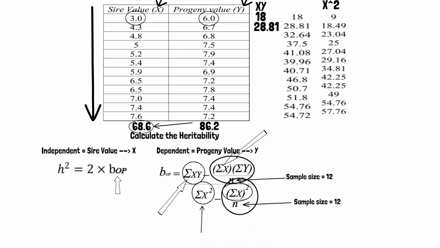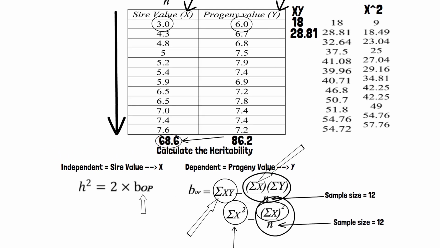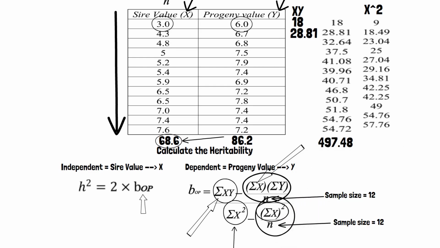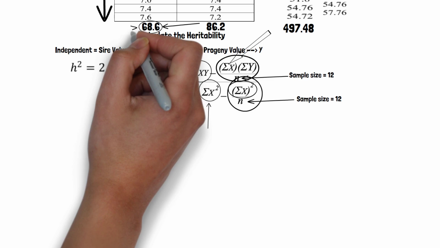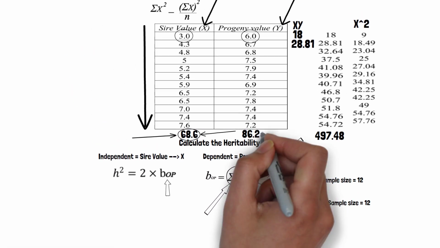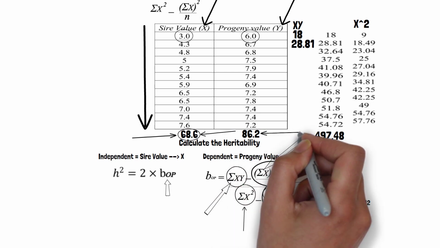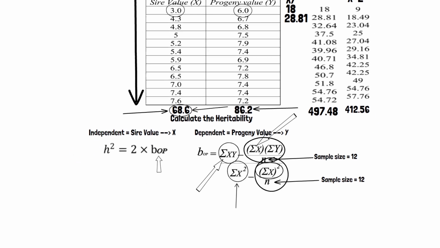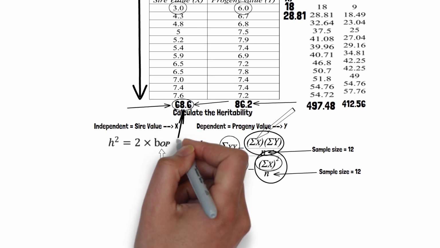Okay, now to substitute the values. If we sum the values for xy, it will give us 497.48. Summation of x is 68.6, summation of y is 86.2. Summation of x squared is equal to 412.56.